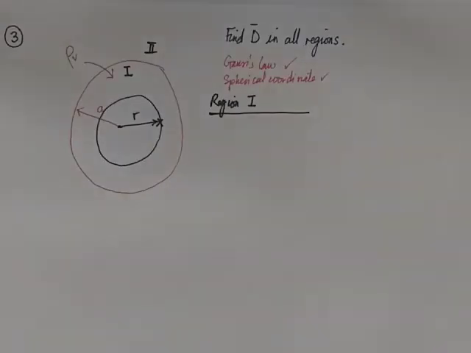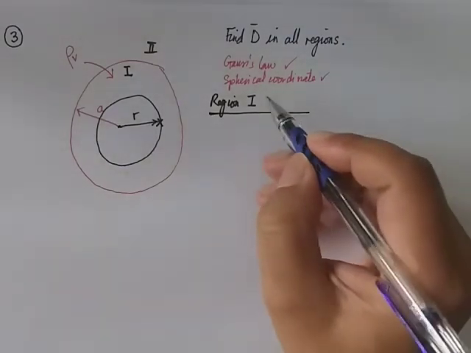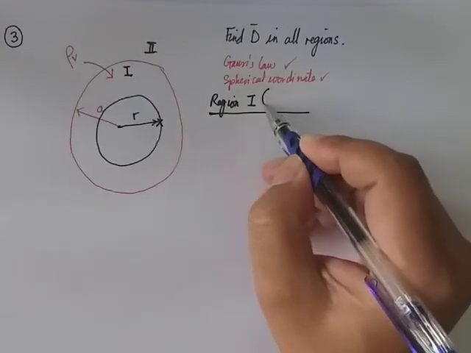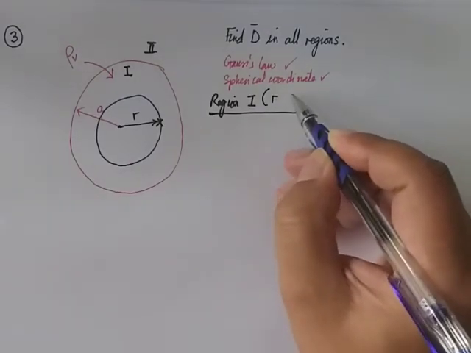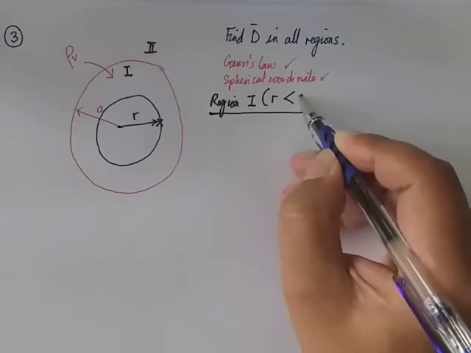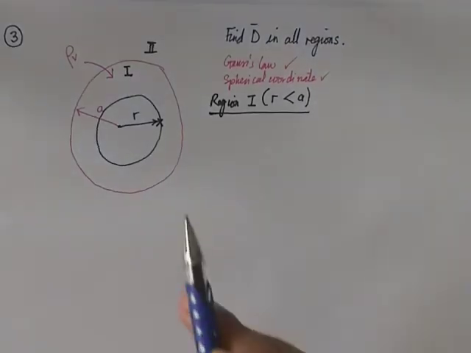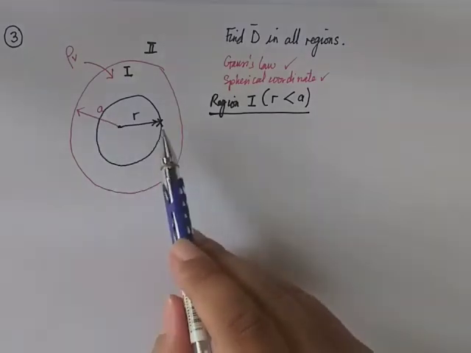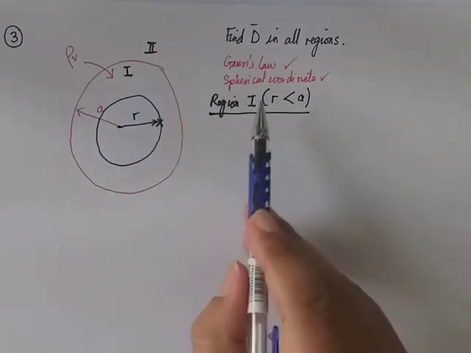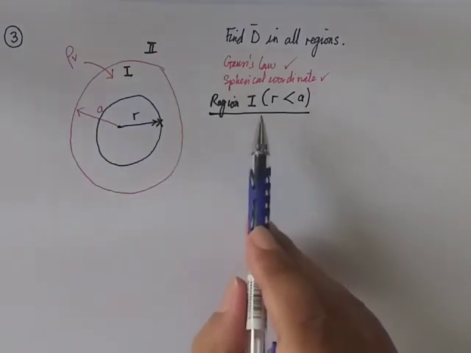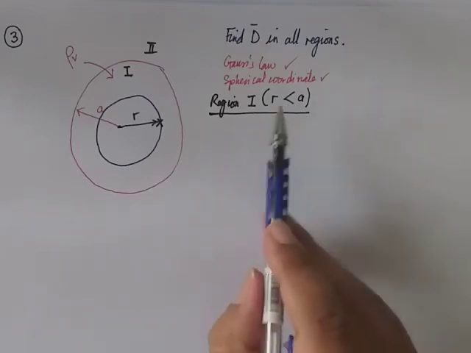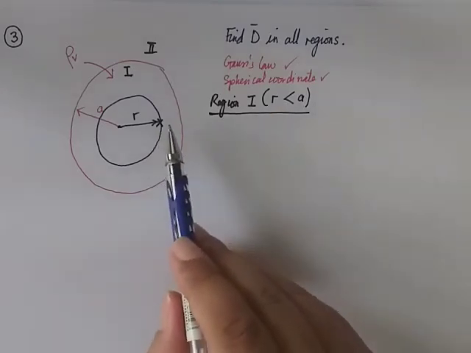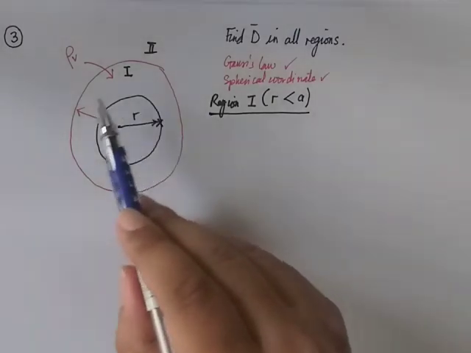Based on which coordinate system? Spherical coordinate system. So I'm going to define now based on rules. I'm saying region number 1 is true when R always remains smaller than A. So I can move this position anywhere within region number 1 provided it always obeys this standard rule: R must always be smaller than A. Meaning it can only be inside region number 1.